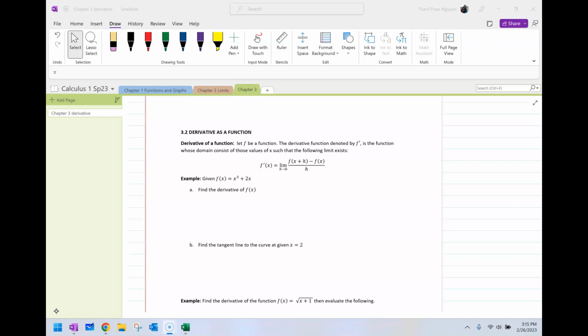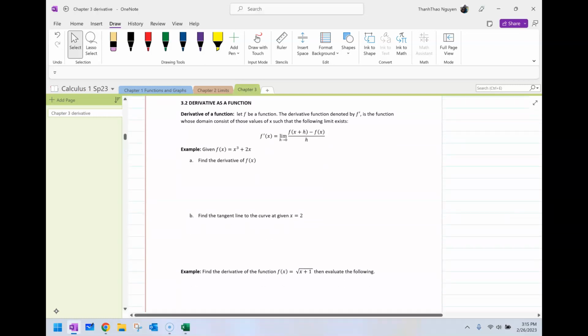Given a function f of x equals x to the third plus 2x, we want to find the derivative of f of x.